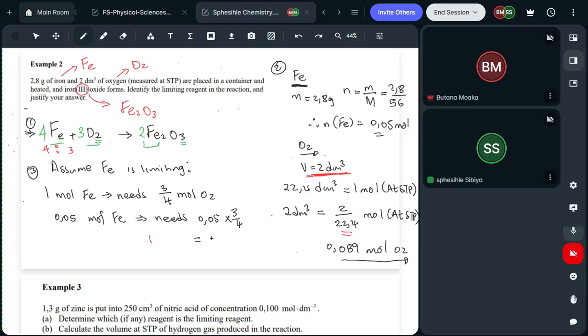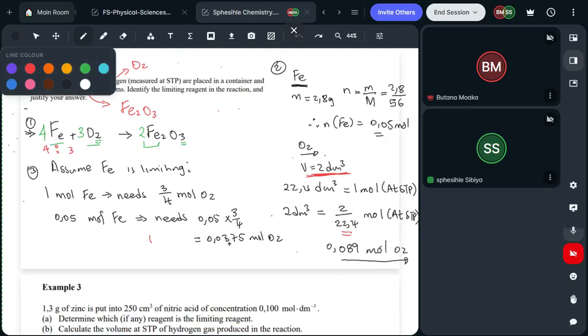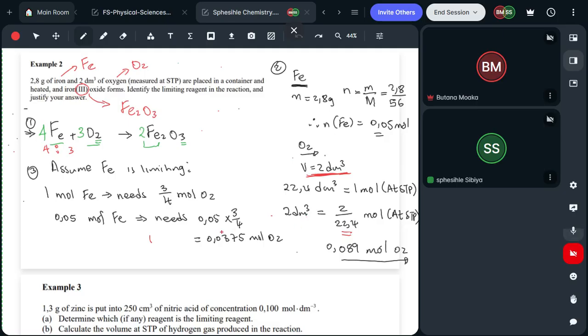What do you get? 0.05 times 3/4 is 0.0375 mole of O2. So this is the number of moles of O2 needed.